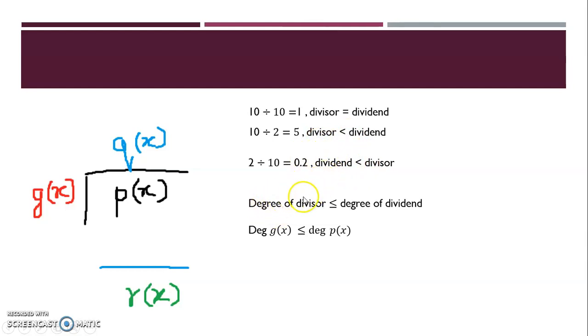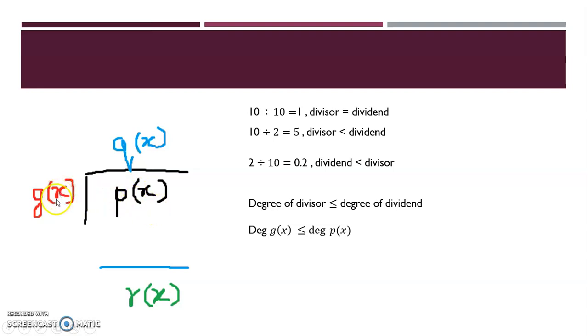That is, the degree of the divisor must be always less than or equal to degree of the dividend. We cannot have degree of the dividend less than the divisor. Okay, so the degree of the divisor must be always less than or equal to degree of the dividend.